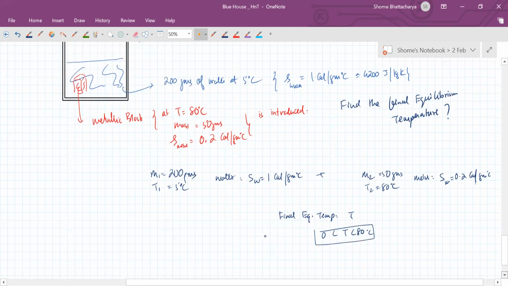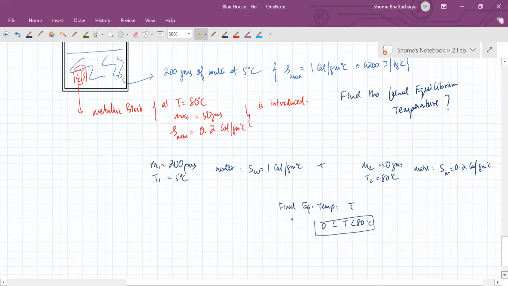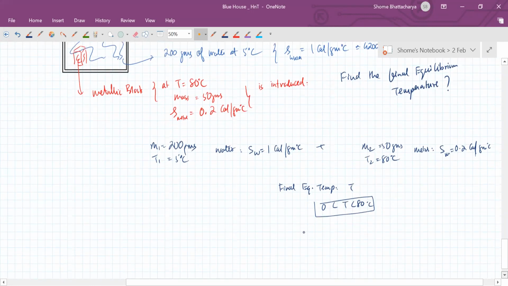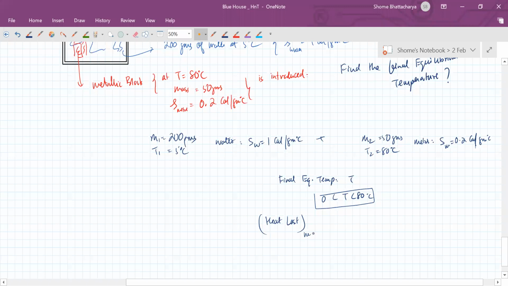So the heat lost by the metal will be equal to the heat gained or absorbed by water. The heat lost by metal will be M2 into specific heat capacity of metal into T2 minus T. And the heat gained by water will be M1 into specific heat capacity of water into T minus T1.